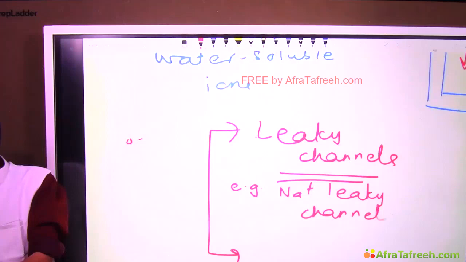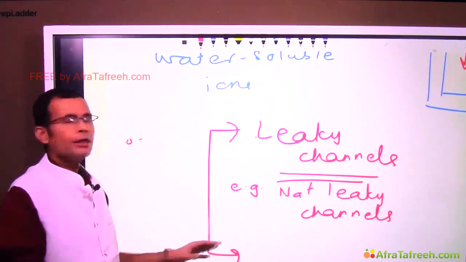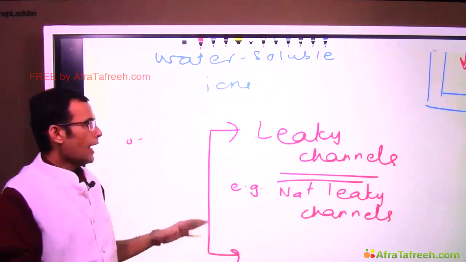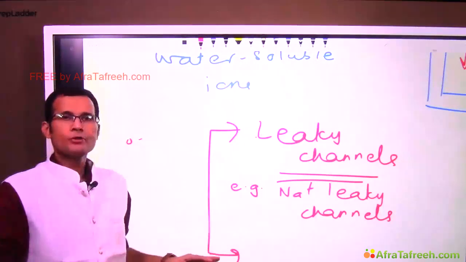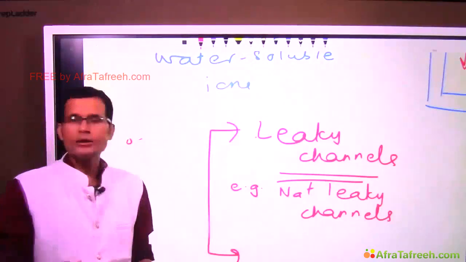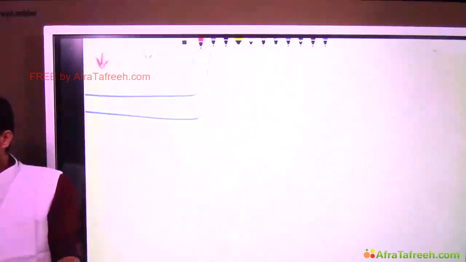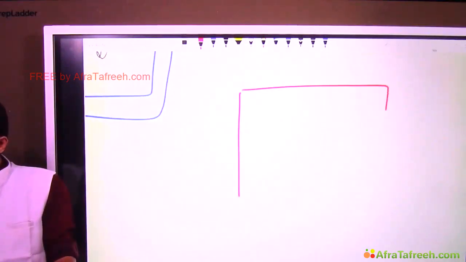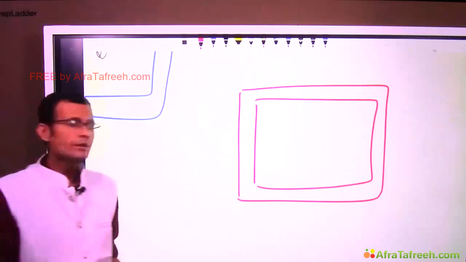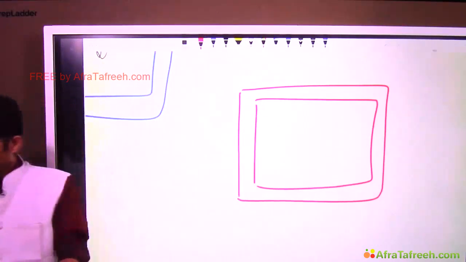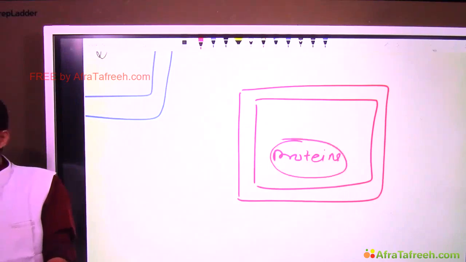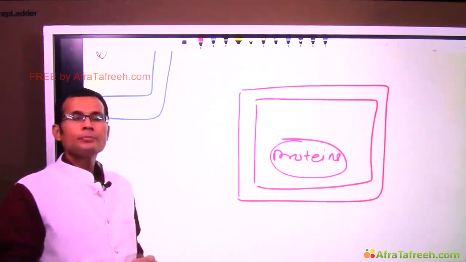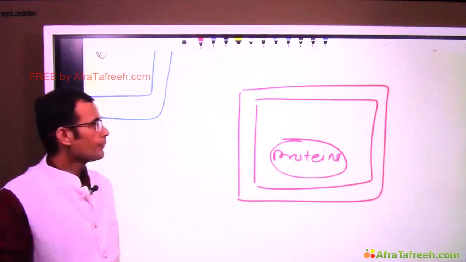In the membrane of all the cells, there are sodium leaky channels, and they allow a continuous leakage of sodium ions into the cell. So, if you just recall, we have done this in the first segment, that there are proteins inside all the cells, and proteins are anions.